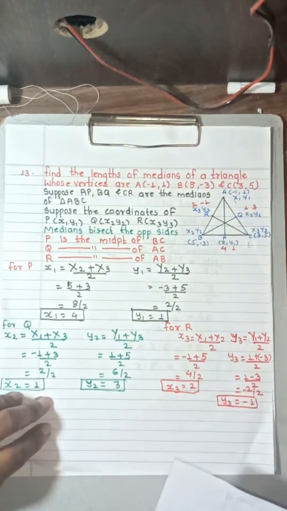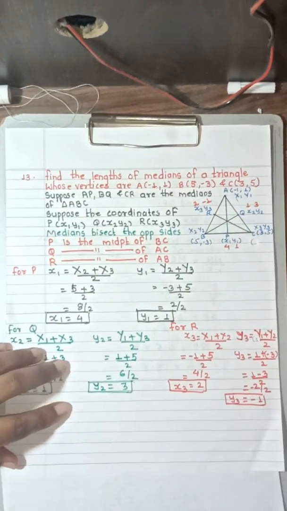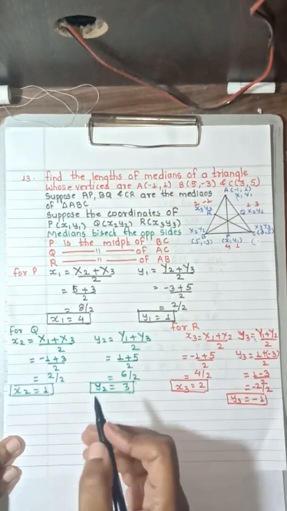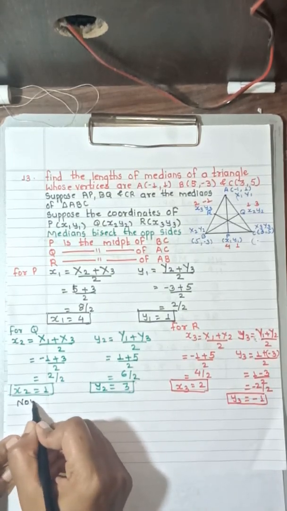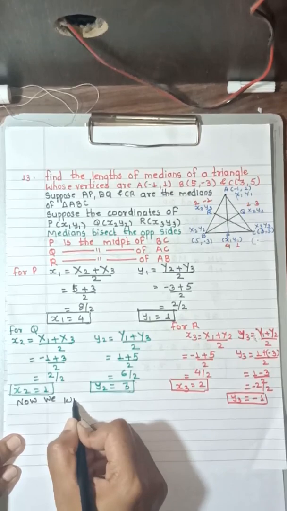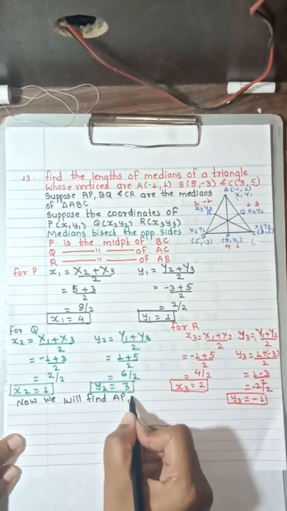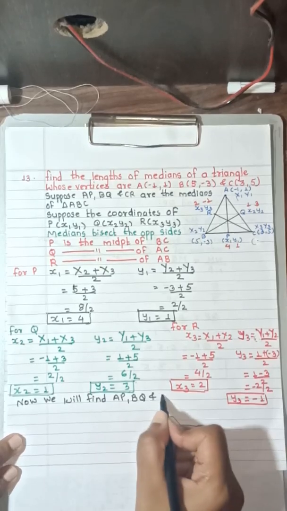I'll attach a blank page over here beforehand only. Okay, now we will find AP, BQ and CR.